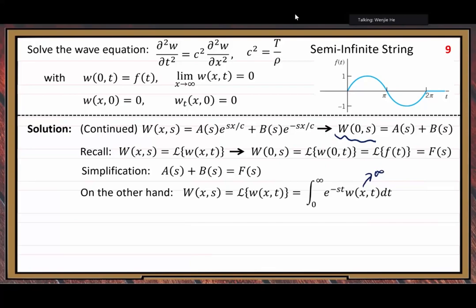The question is, when you take the limit as x goes to infinity, how do you know you can take the limit inside the integral? For the given condition, you may need to take the limit inside the integral. The question is, is it legal?